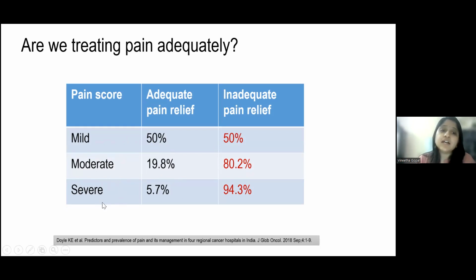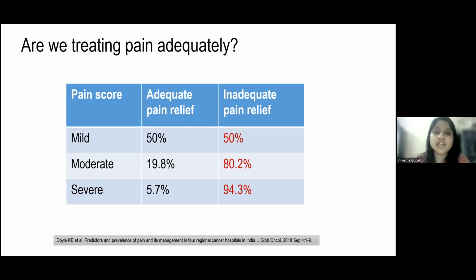And when it comes to severe pain, we are giving adequate pain relief only in around 5.7%. Our 94%. Severe pain, especially in an advanced malignancy patient, sometimes we don't have much to offer other than pain relief. But still, in almost 95% of cases, we are not treating the pain properly. We are undertreating. So can we make a change to that?